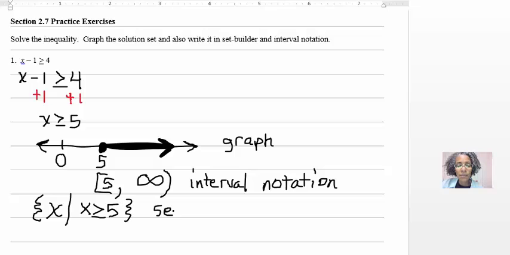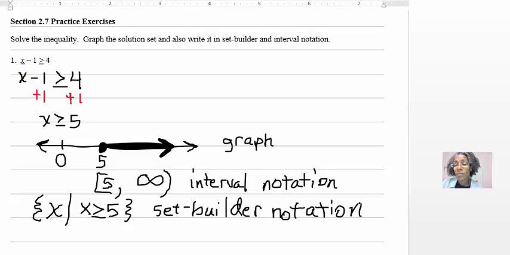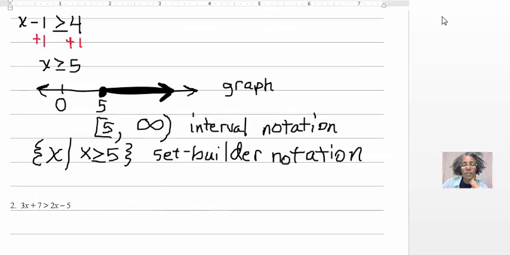So that's my set builder notation. All right, so 3 different ways to show our solution set: a number line graph, interval notation, and set builder notation. These all 3 represent the same set of numbers, 5 and all the numbers to the right of 5.